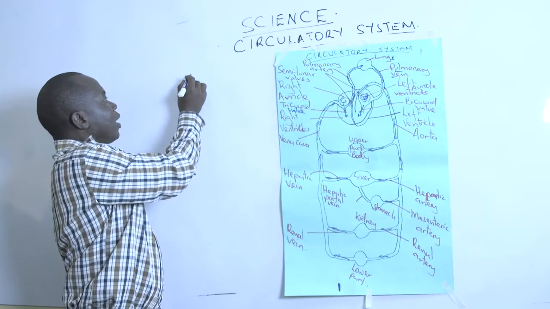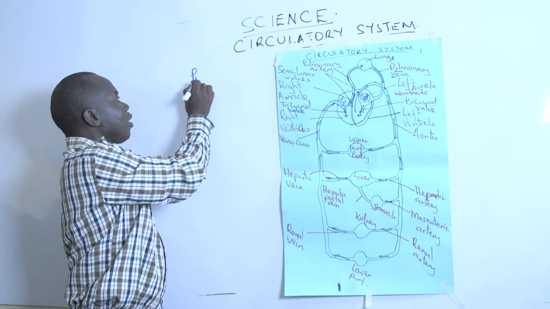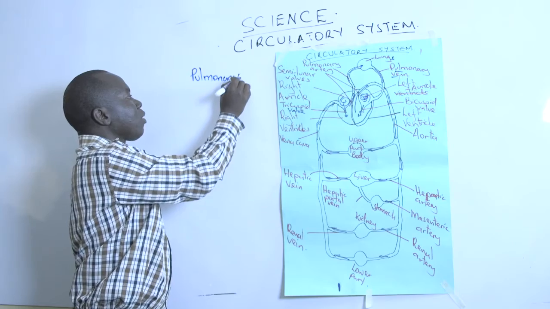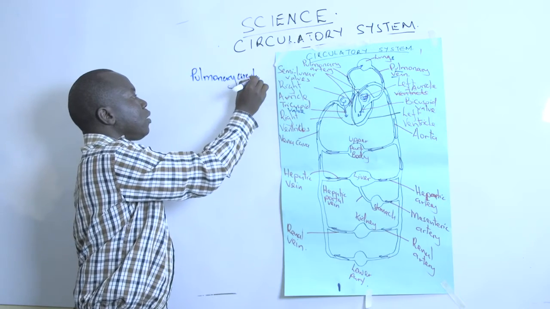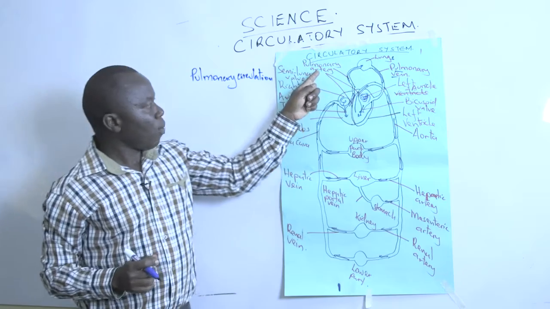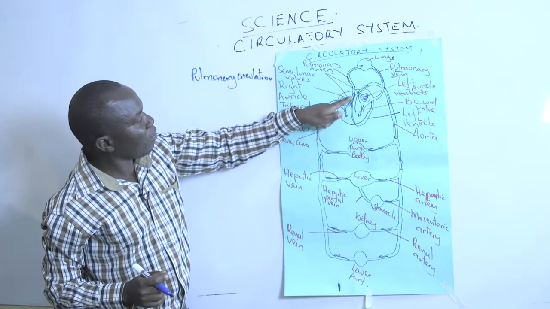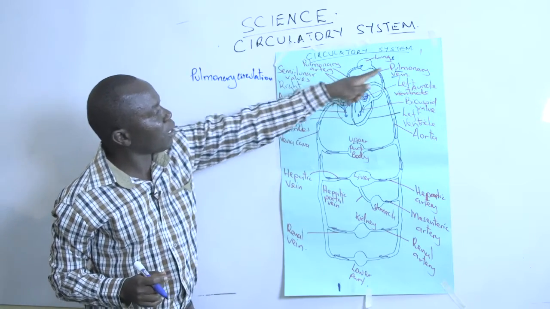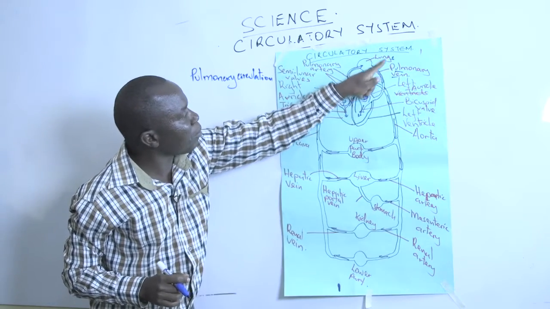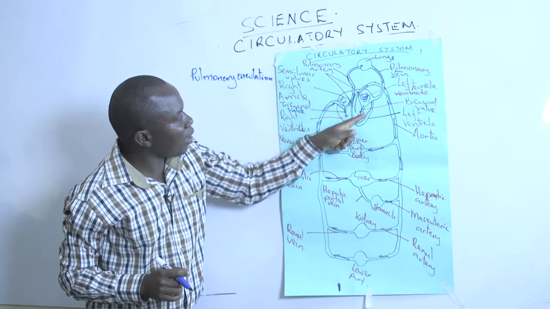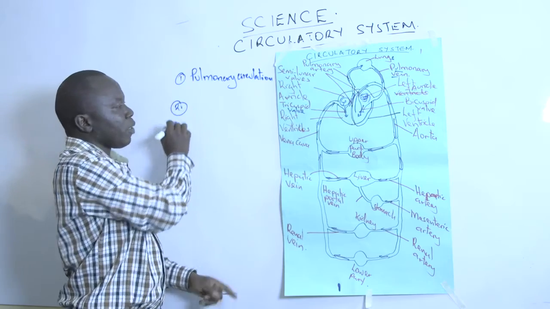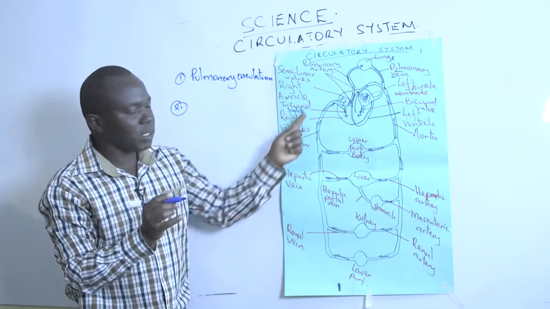We call that pulmonary circulation. We can see the reason. Because blood is flowing through pulmonary blood vessels, pulmonary artery, lungs, pulmonary vein, from the lungs to the heart. So that's one. Then two, to the rest of the body system.